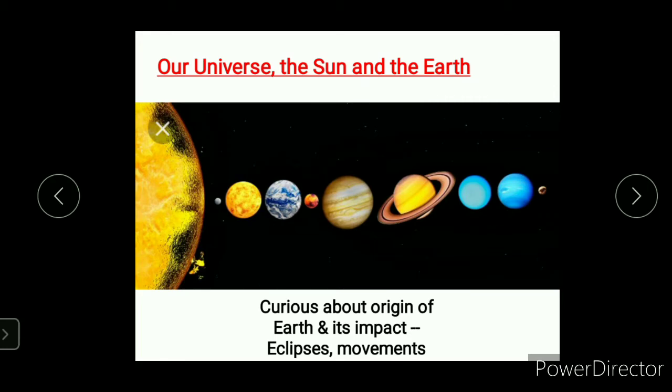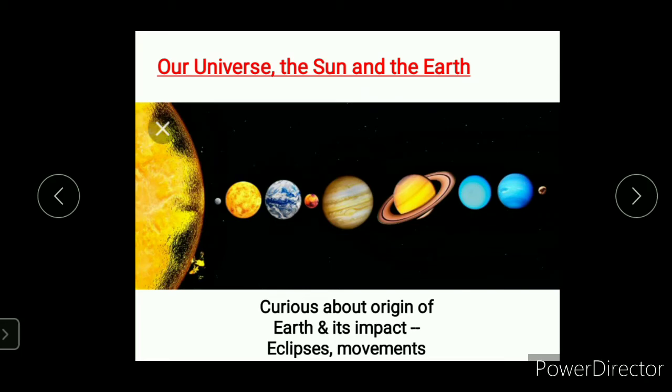Because they wanted to know if there is anything useful from space, that is the universe. So there is a lot of interest among the people in studying the universe, which we call curiosity, and they tried to figure out what these objects are which appear in the sky.